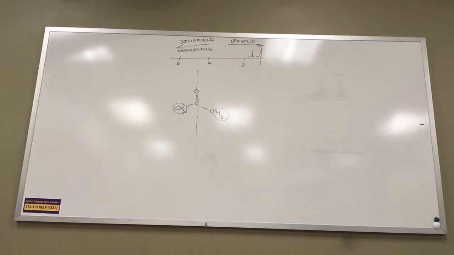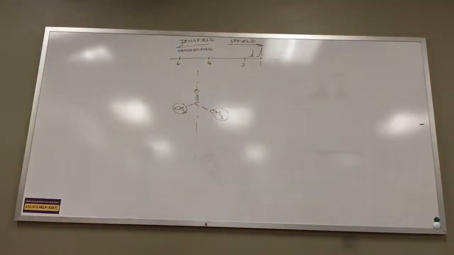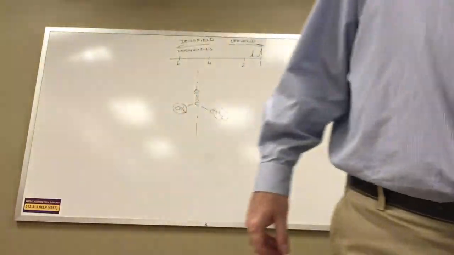Multiplicity tells you the number of lines. So if there is a spectrum on that sheet that contains just a singlet, then perhaps that's acetone.